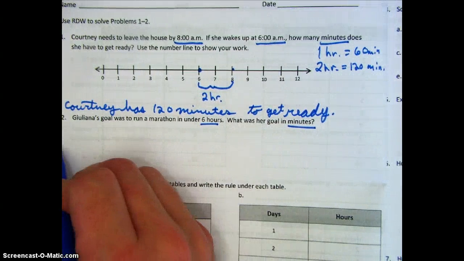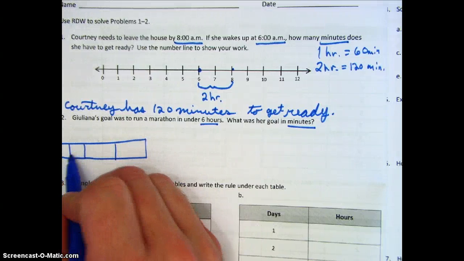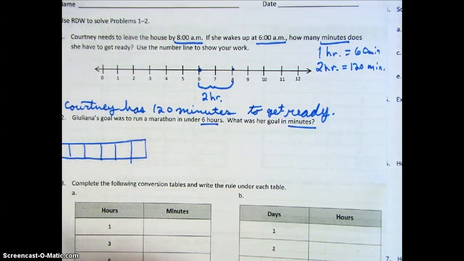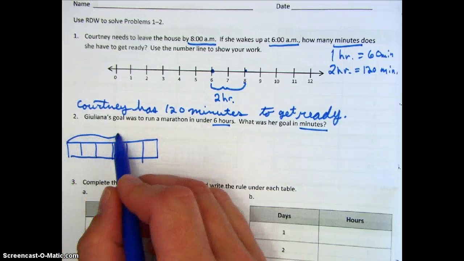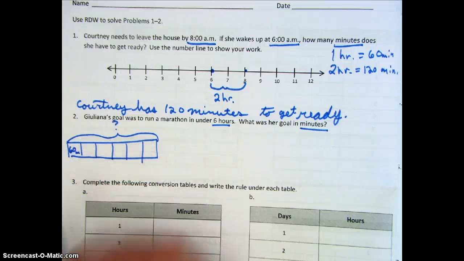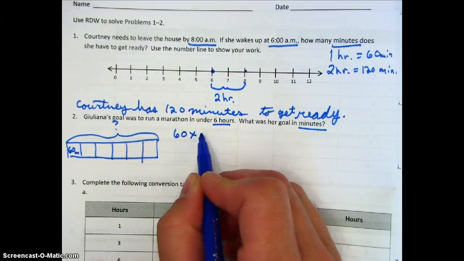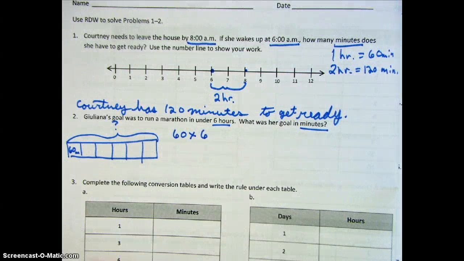Okay, so again, if we think about our tape diagram, we have our 6 hours. Each hour is 60 minutes. So we have 60 minutes times 6 hours.